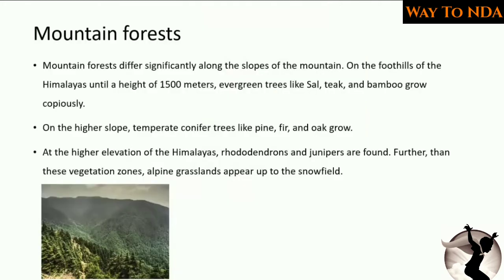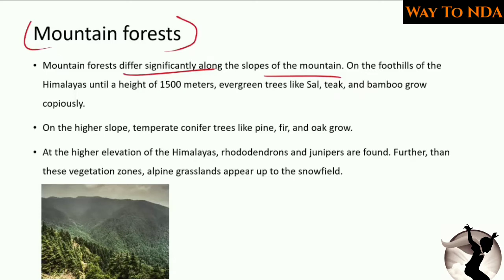The next forest which we are going to study about is the mountain forest. Now the mountain forest differs significantly along the slopes of the mountain. अब जैसे जैसे आप ऊपर जाओगे आपका माउंटेन फॉरेस्ट वेरी होते जाएगा. You will find different types of forest as you climb the mountain.